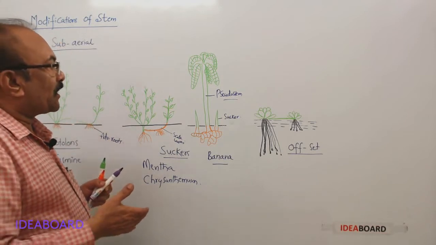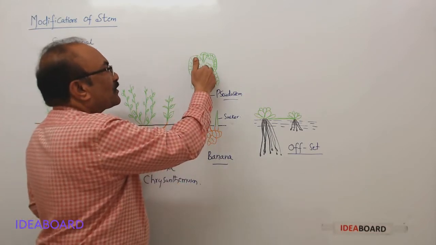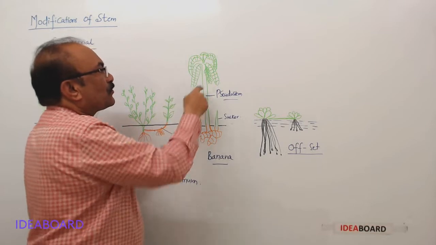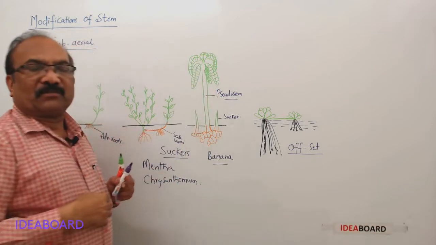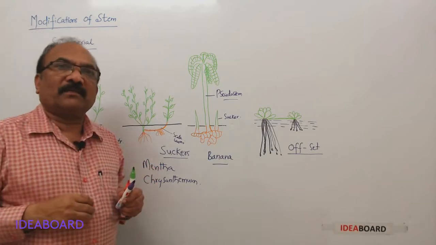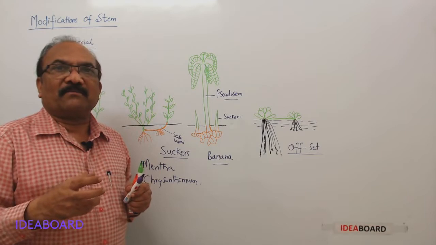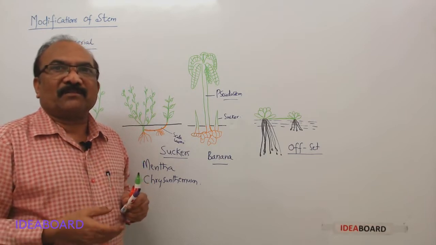Okay, and the terminal bud of this sucker will produce an inflorescence, and here I showed you a bunch of fruits. And I hope you know what farmers will do once this banana plant produces a bunch of fruits.